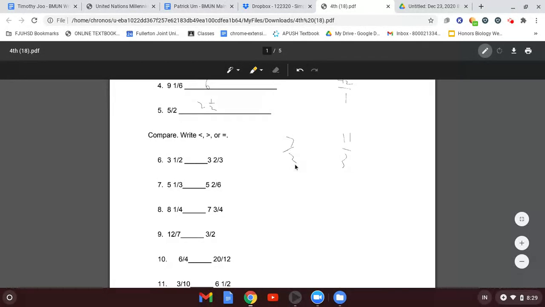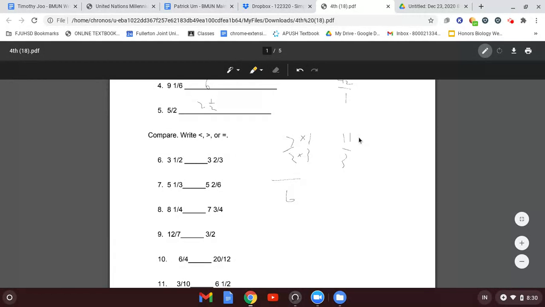And to make the denominators of 2 and 3 the same, the least common multiple of 2 and 3 is 6. So in order to make 6, you have to multiply by 3 on this side, on the top and bottom.